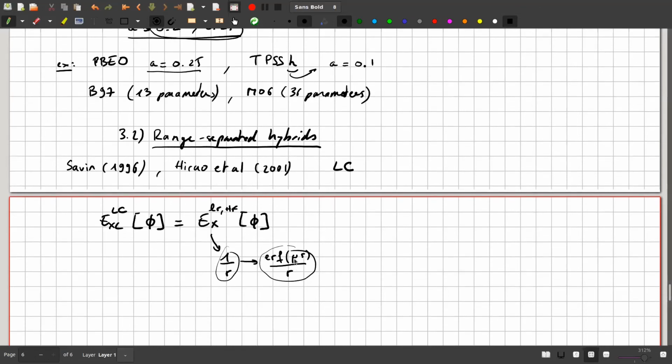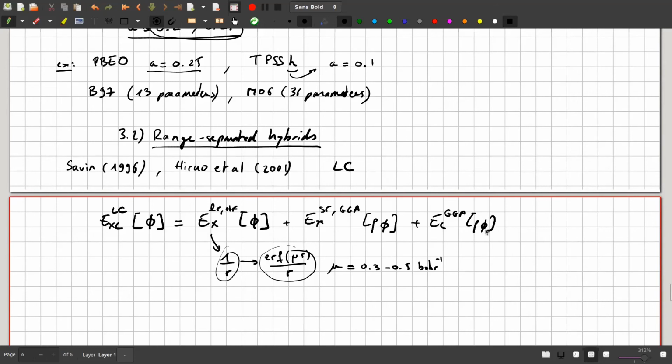And this parameter mu gives you the range of the interaction. So in practice, it is a parameter. It is often around 0.3, 0.5, and this is in inverse Bohr. Well, okay, so that's the long-range Hartree-Fock part. And then you have the complementary short-range GGA, or meta-GGA if you prefer, depending on the density or orbitals. And then you have the correlation functional.